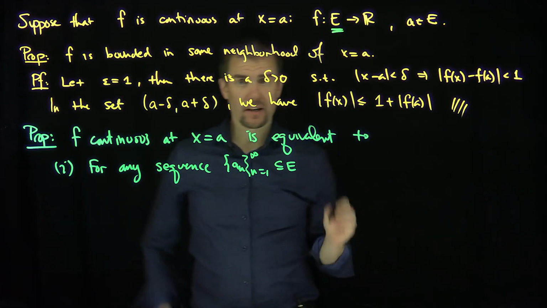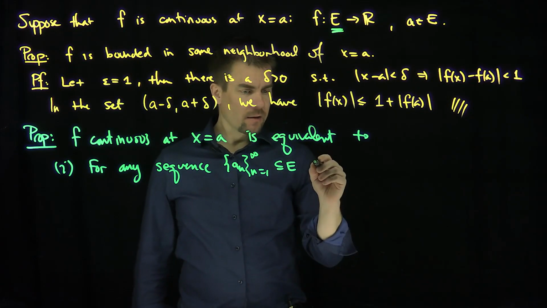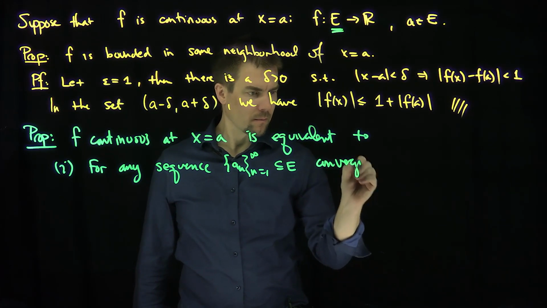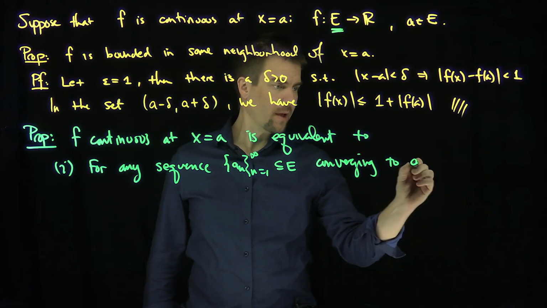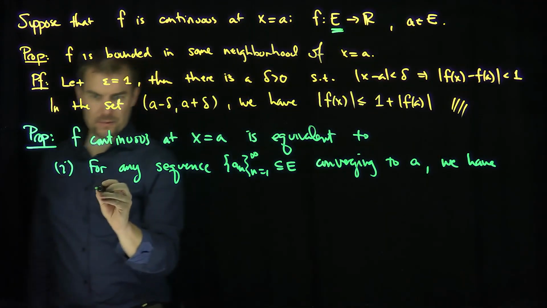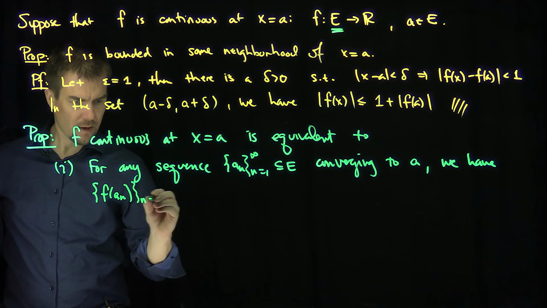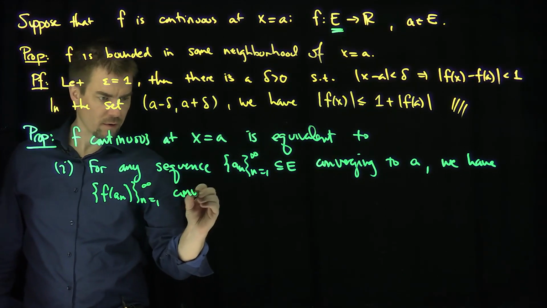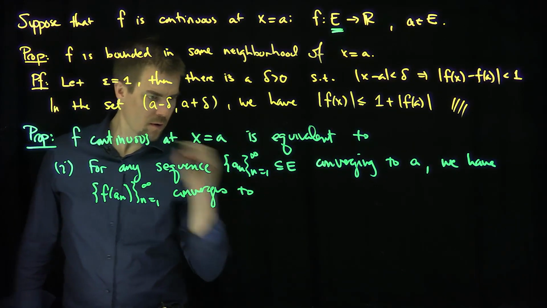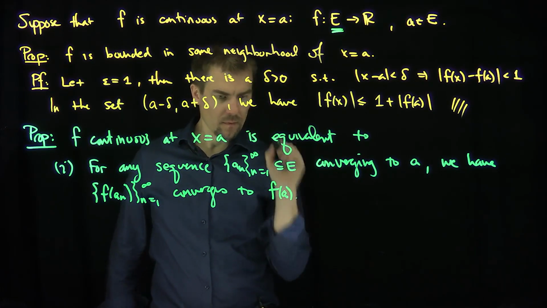It needs to be contained in the set E where f is defined. For any sequence a_n contained in E converging to a, we have that the sequence f(a_n), n goes from 1 to infinity, converges to f(a). Okay?